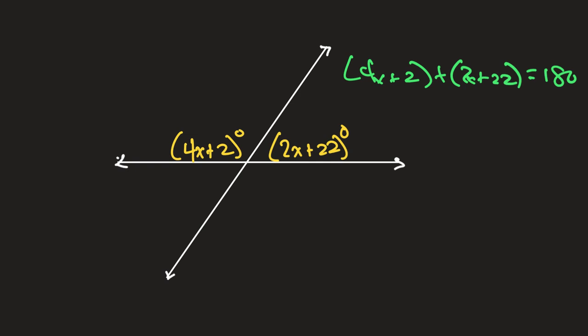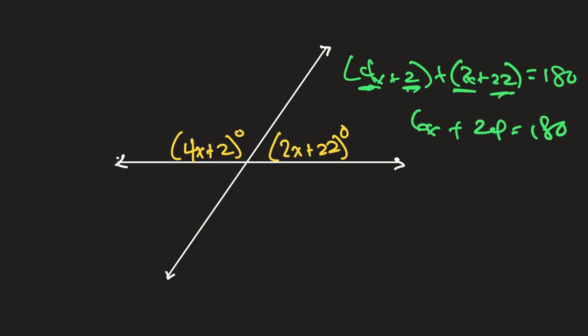Nothing to distribute. So essentially, we can go ahead and collect like terms on the left if you want. 4x plus 2x, 6x. 2 plus 22, 24. Equals 180. So again, it comes down to equation solving. We build an equation. Now we're just solving the equation.